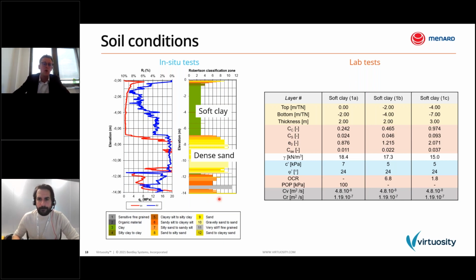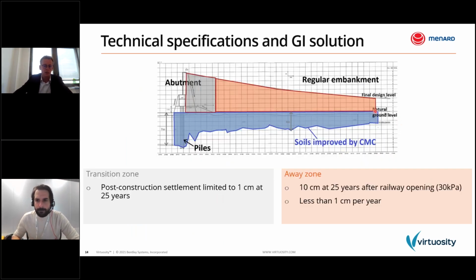Now, this is a longitudinal cross section. So you can see in blue here the soft clay layer, and you have the embankment, 300 meters long. This embankment was divided into two different areas. First, you have the away zone, or the regular embankment, on the right.